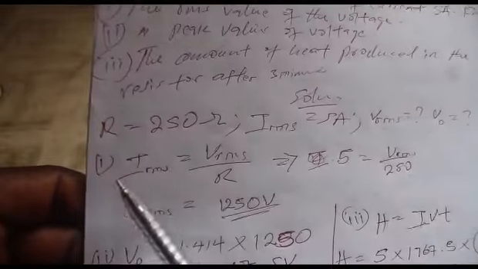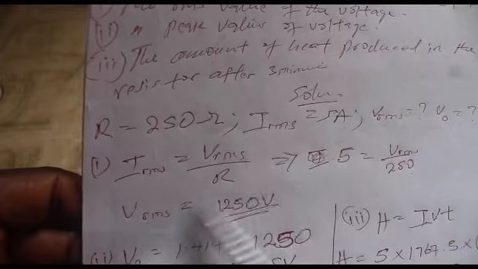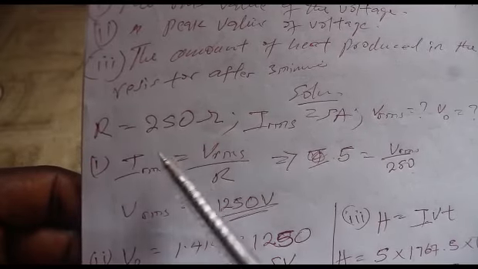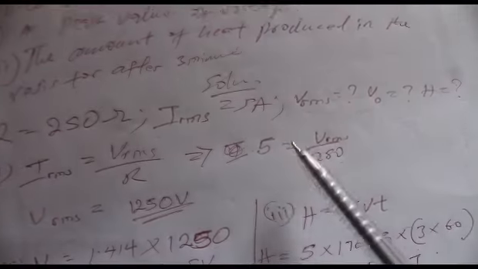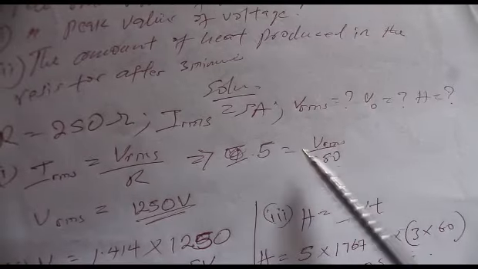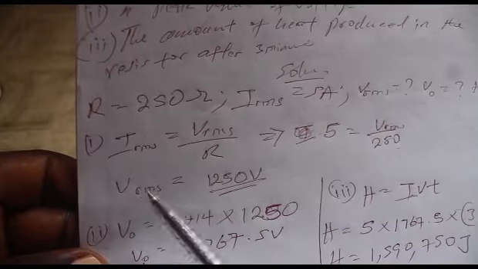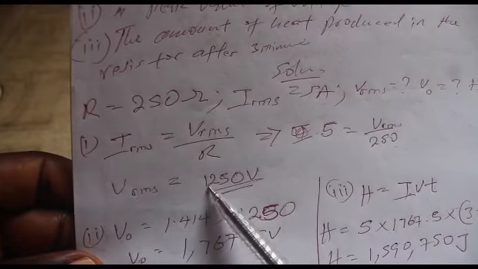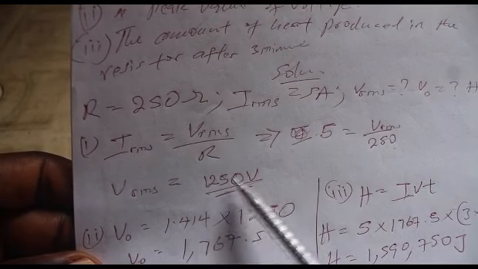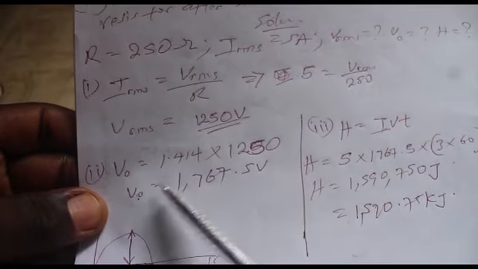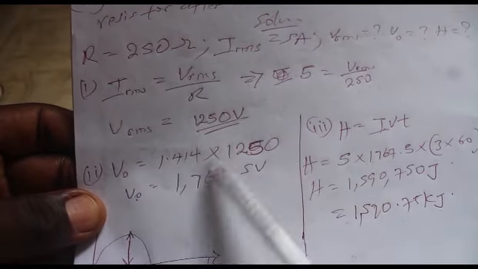To answer the first one, we use the relationship, I think equation 6 we derived earlier: I RMS equals V RMS over R. If you substitute all the values for the symbols, you get V RMS is equal to 1250 volts. The same thing for the current, the peak value of the voltage.